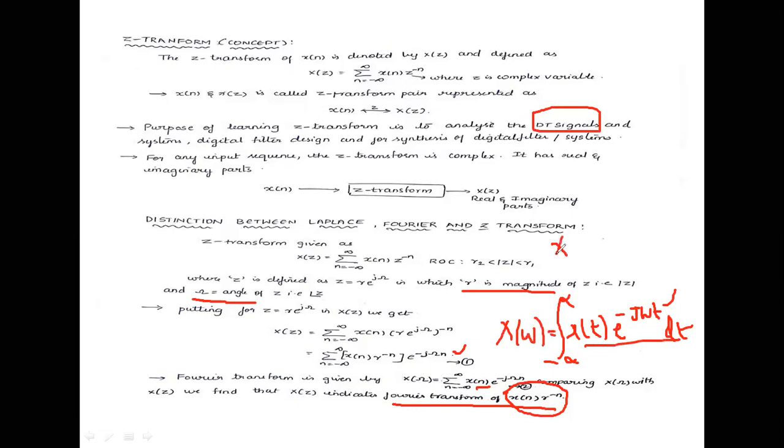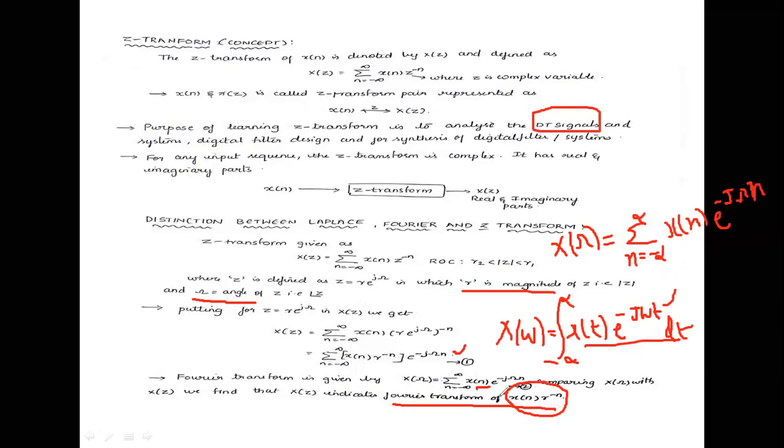Instead of the integral of x(t), I take the discrete time signal x(n), and e^(-jωn). This is the Fourier transformation equation for the discrete case.